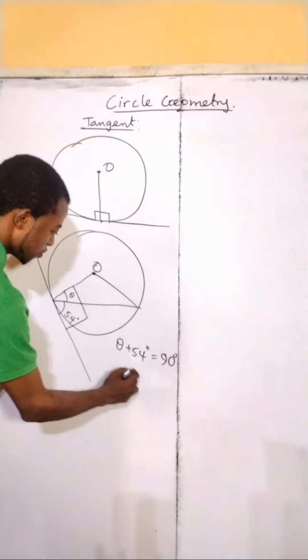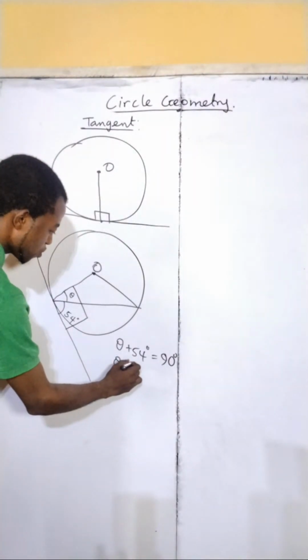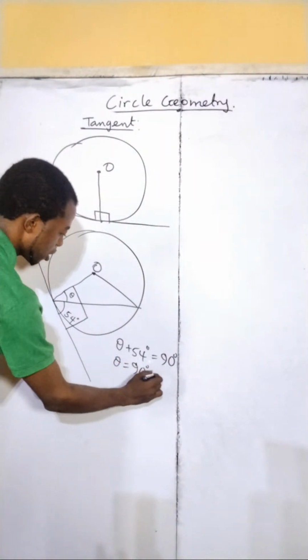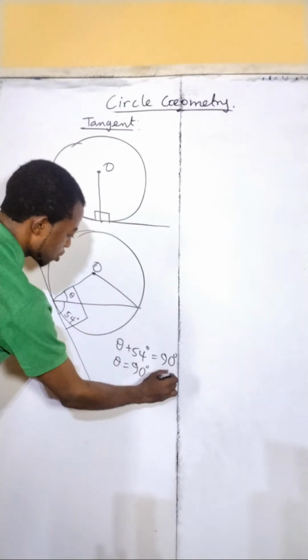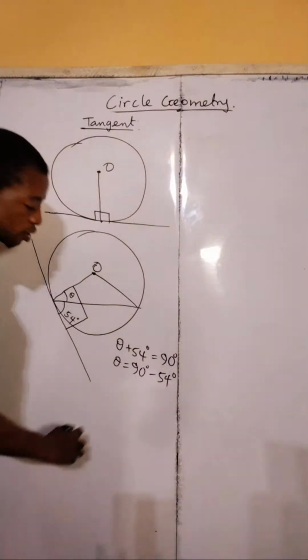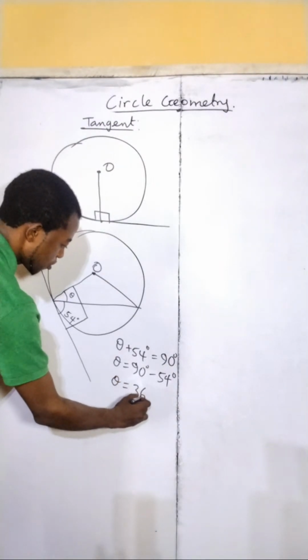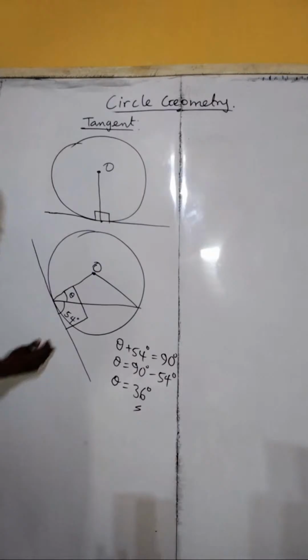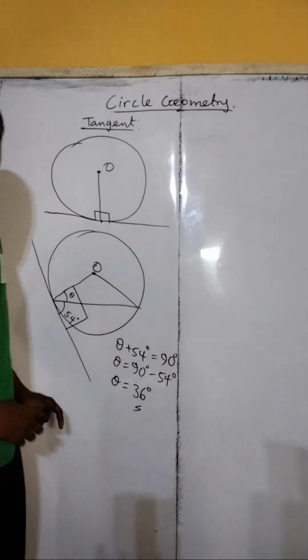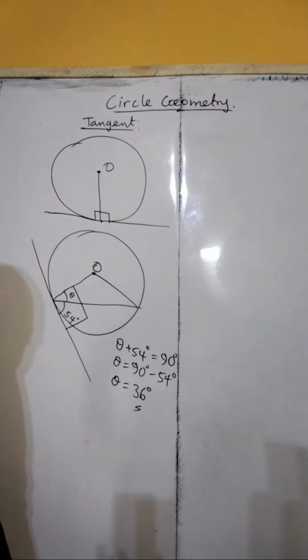So when we take away 54 degrees, we have theta equals 90 degrees minus 54 degrees, which implies that theta equals 36 degrees. So that is one application of this particular theorem.